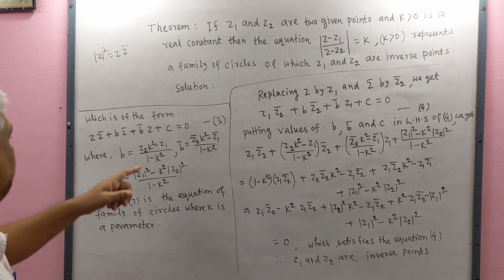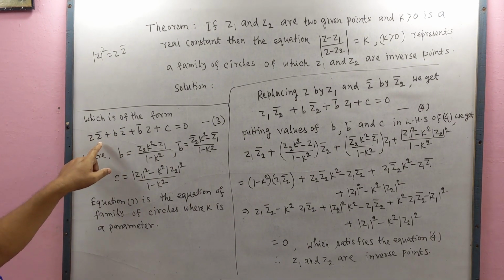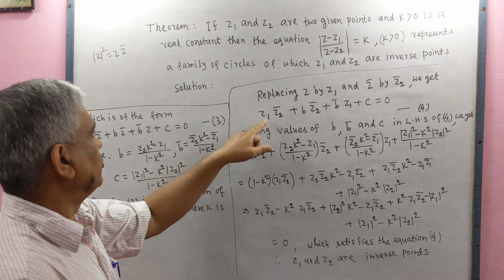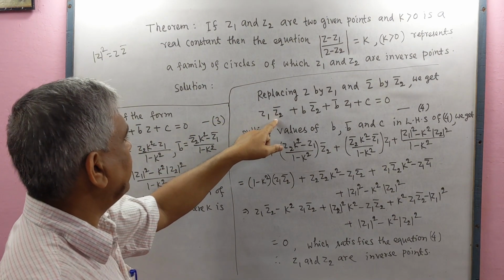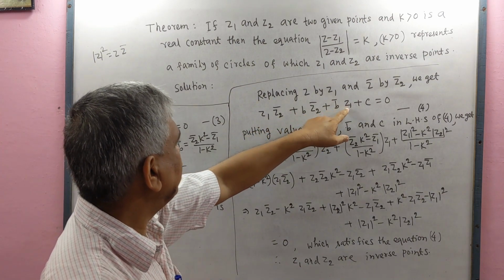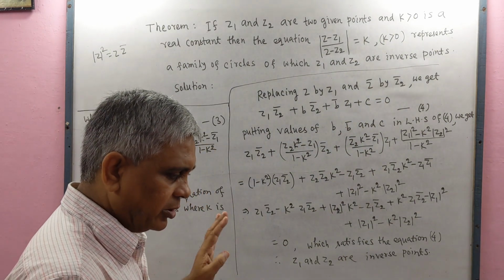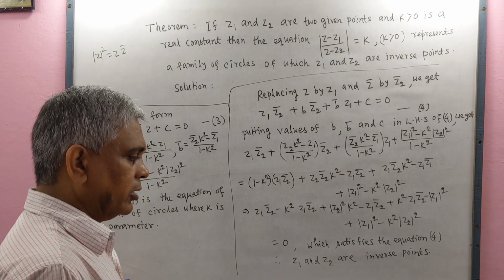Now replacing Z by Z1 and Z bar by Z2 bar in theory, the equation will be Z1 Z2 bar plus B Z2 bar plus B bar Z1 plus C equal to 0. We have taken this condition.